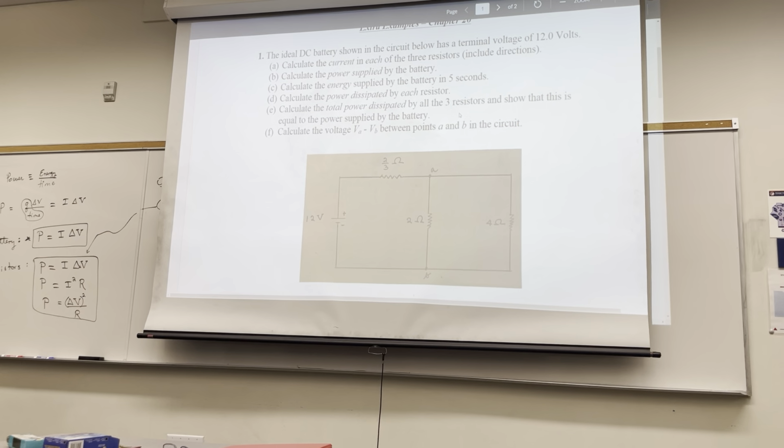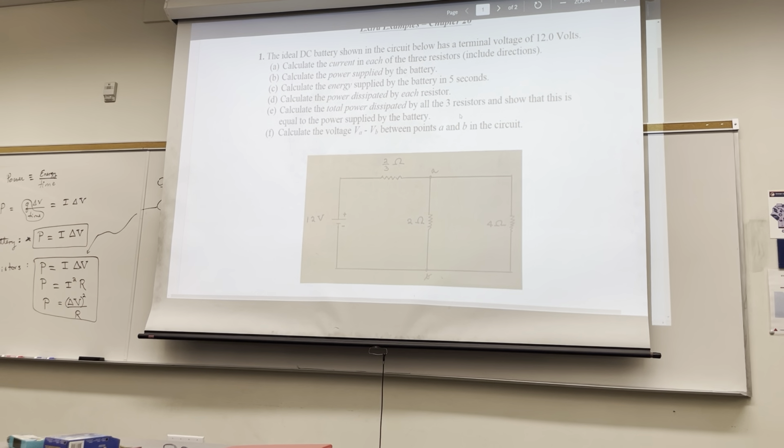So I asked a series of questions here. Actually, 6 questions I asked, just based on that simple circuit. So the first question was, what's the current through each of the resistors in the circuit? Another question, B, is what's the power supplied by the battery? The power is the energy per unit time.